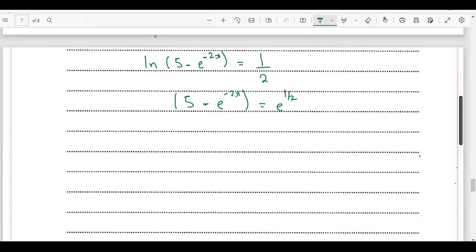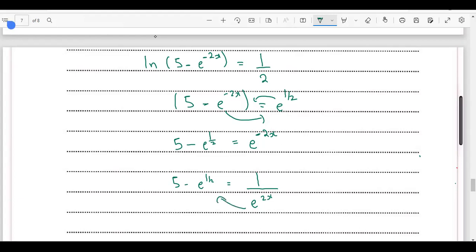Okay, then let's simplify this. I can take this to the other side and I'll take this here. This would give me 5 minus e to the power 1 by 2 equals e to the power minus 2x, right? And now I have e to the power minus 2x, so I can write it as 5 minus e to the power 1 by 2 equals 1 over e to the power 2x, just so things are simplified.